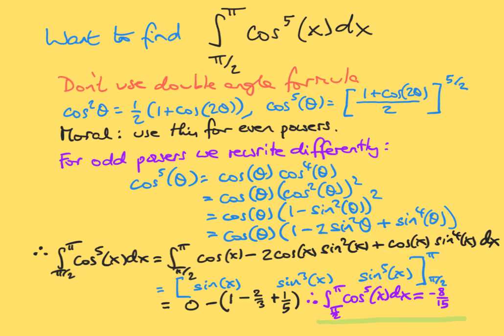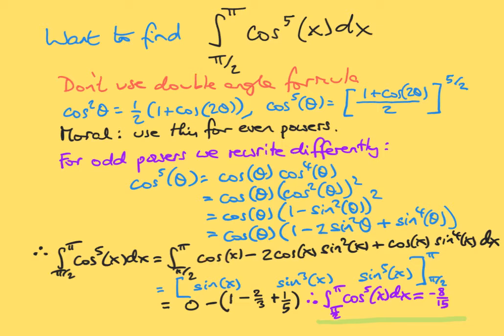We'll go back to the variable x. So we have the integral from pi over 2 to pi of cos to the 5th of x with respect to x. And that's equal to the integral from pi over 2 to pi of cos x, times 1 is cos x, minus 2 cos x times sine squared x, plus cos x times sine to the 4th of x.